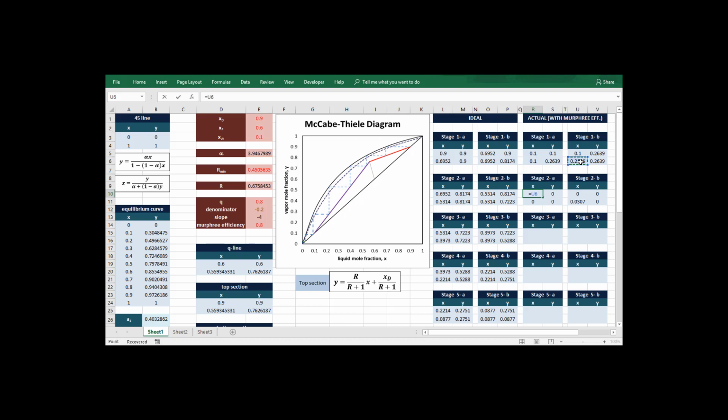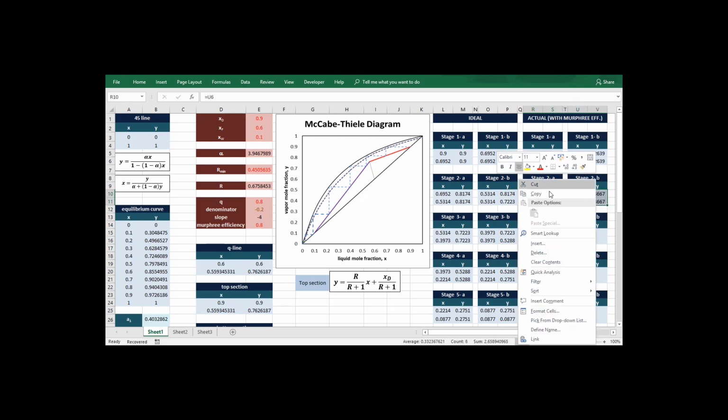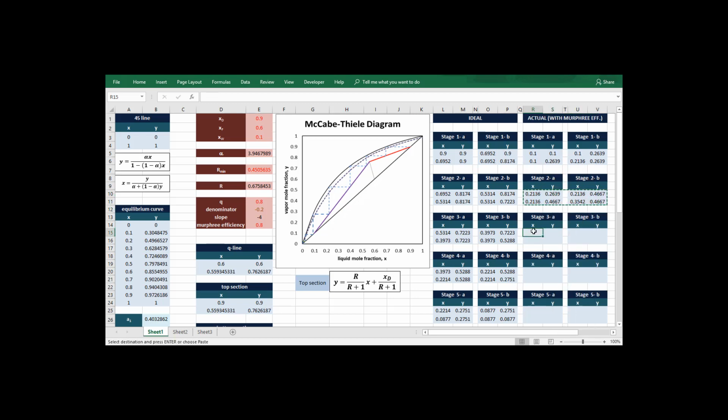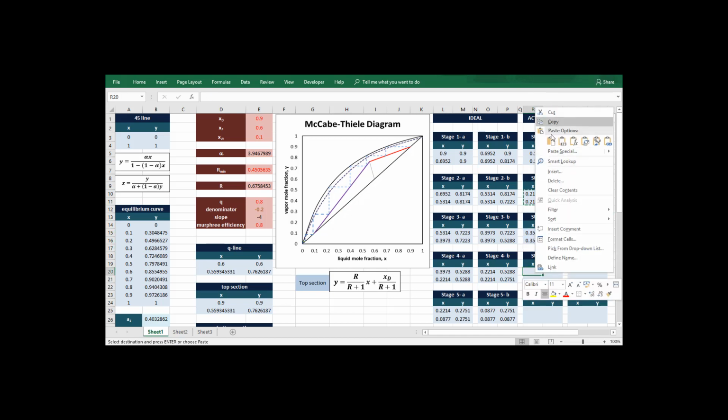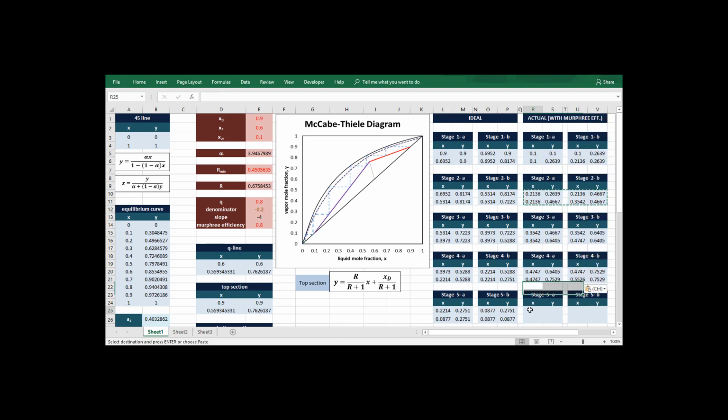So, equal this, and equal this. Now I can just copy paste it and it will automatically give the corresponding values and use the formula like the other two.